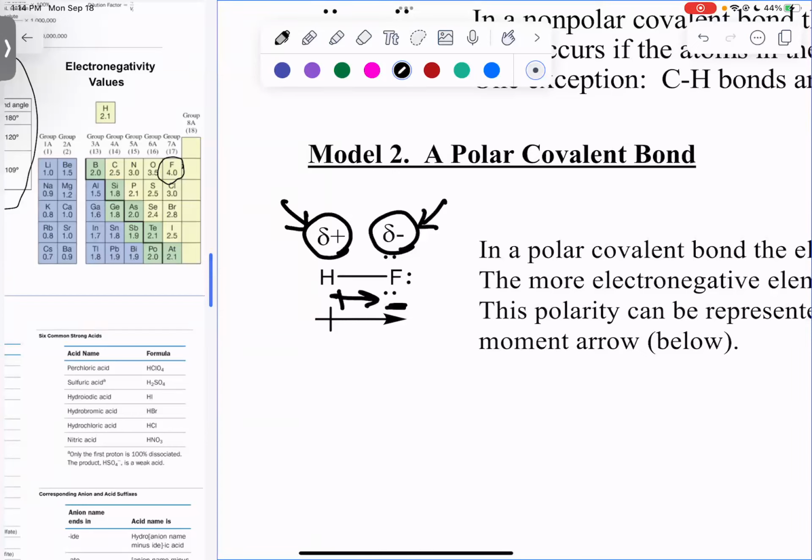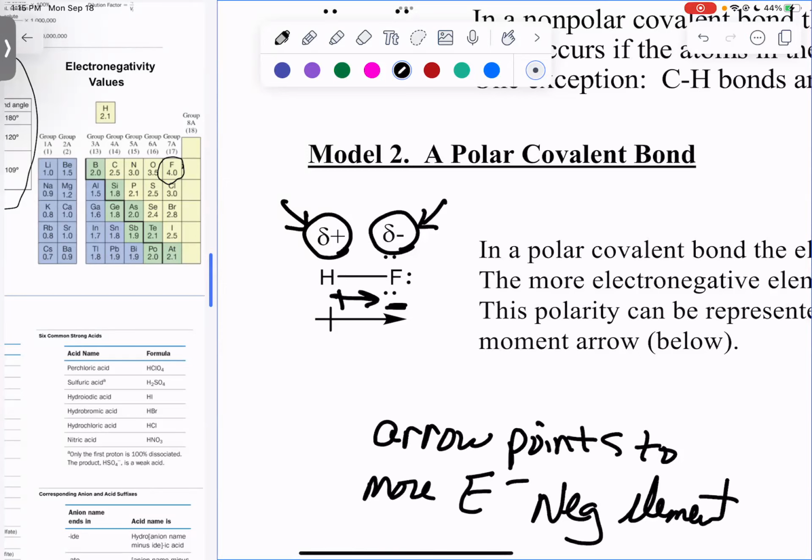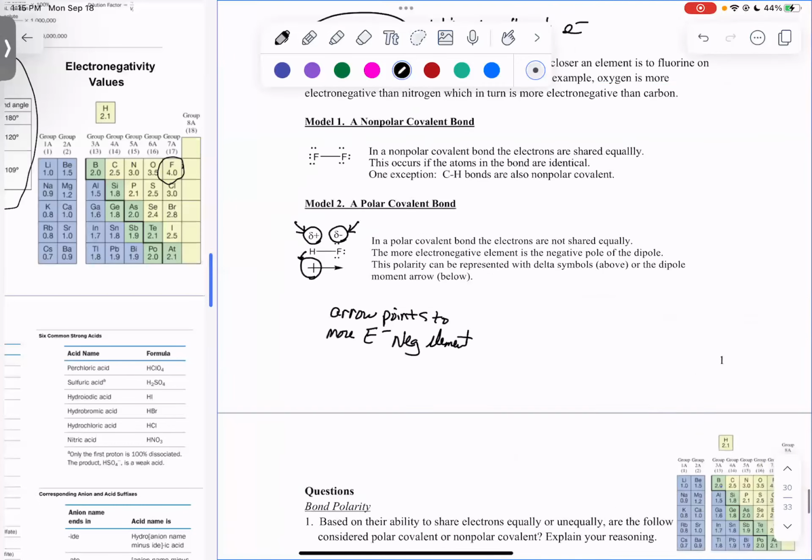And so the arrow points to the more electronegative element in the bond. So here fluorine's more electronegative, so the arrow is pointing to fluorine. The plus sign over here is on the side of the atom that is partially positive. And so that's why I make that little plus at the end of the arrow.